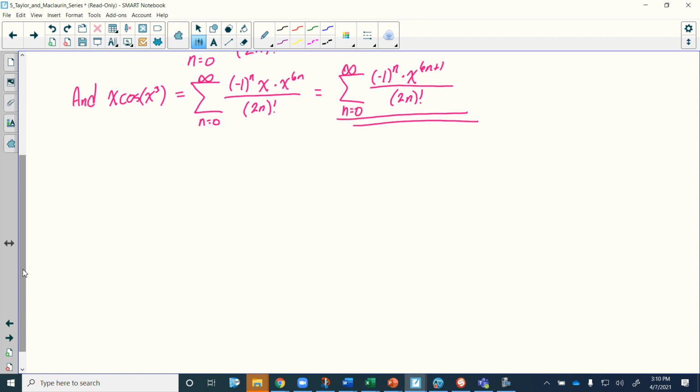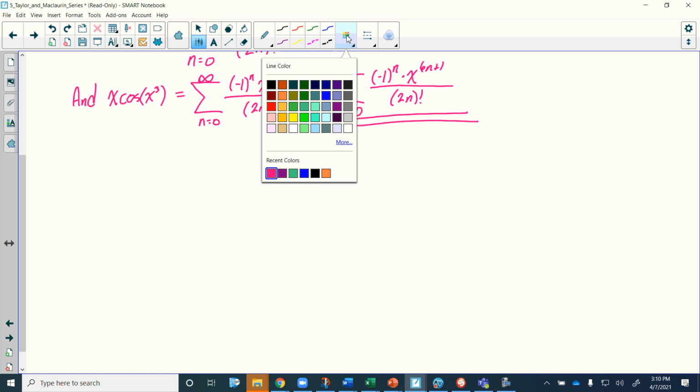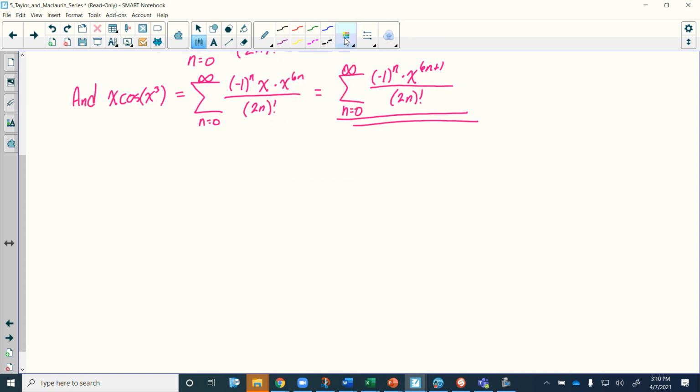Okay. Now this is where we can start doing some integration. So the second thing now is we're ready to integrate. So I have my definite integral from 0 to 1 of x times cosine of x cubed multiplied by dx.